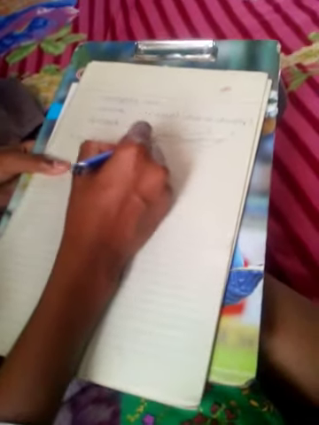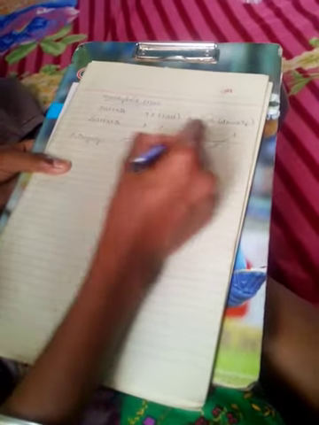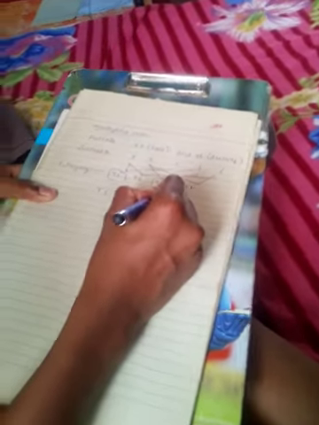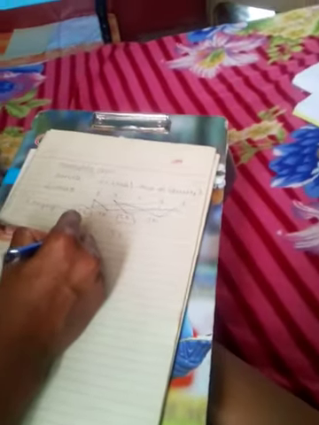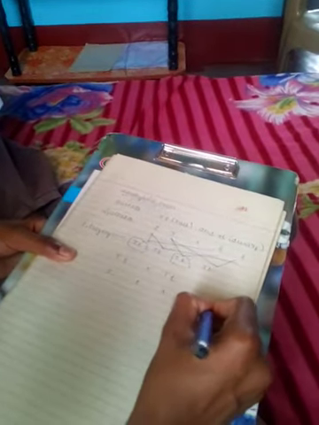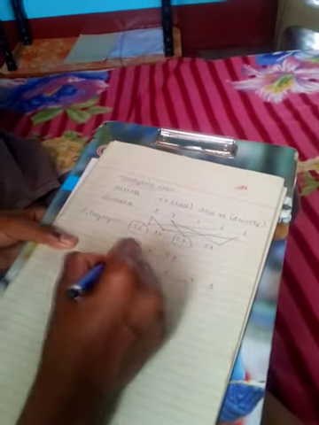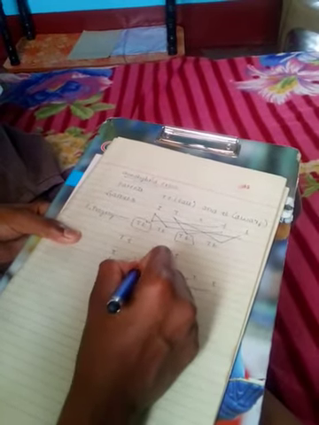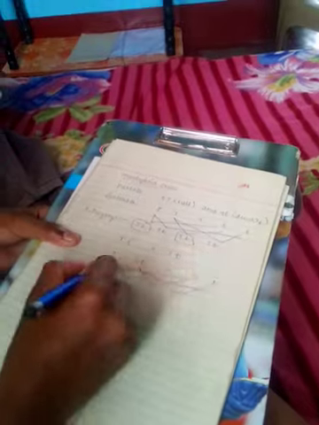Now selfing the F1 progeny, that is Tt versus Tt. So we'll get Tt versus Tt. Crossing that, T versus T and T versus small t.